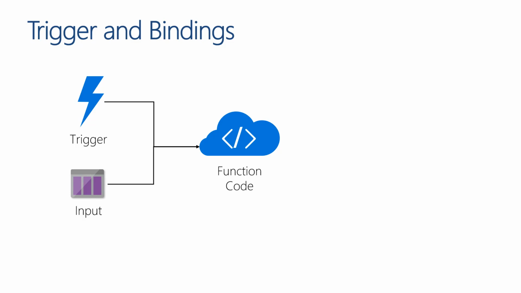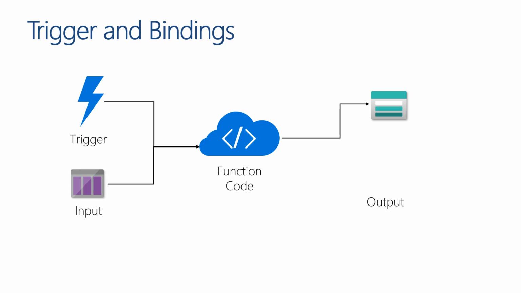Once your function is done, you're most likely going to want to either return a result or store the results into something else. That's where output bindings come into play. So let's say, for instance, that you do your business logic and you want to add an output to a different blob storage. Same thing here.